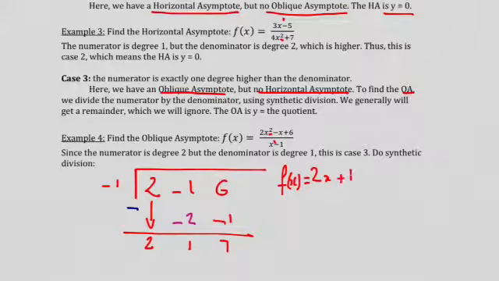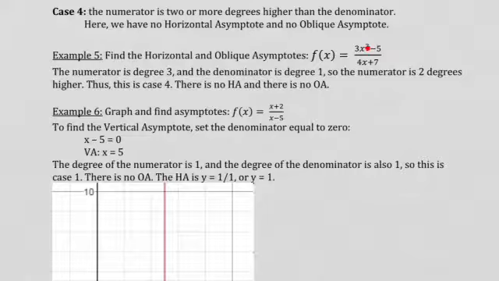Now, if I take a look at case number 4, if the numerator is 2 or more degrees higher than your denominator, if you look at example number 5, you will see that your numerator has a degree equal to 3, and the denominator has degree 1.